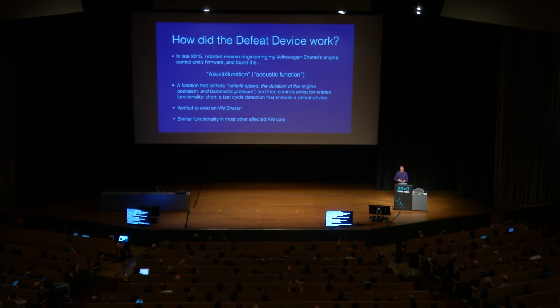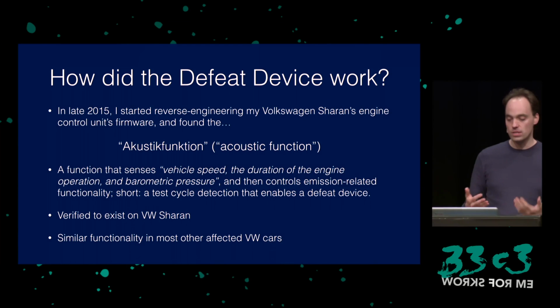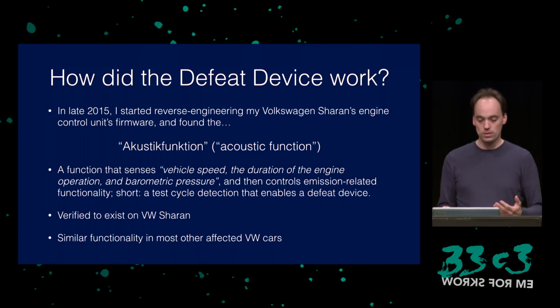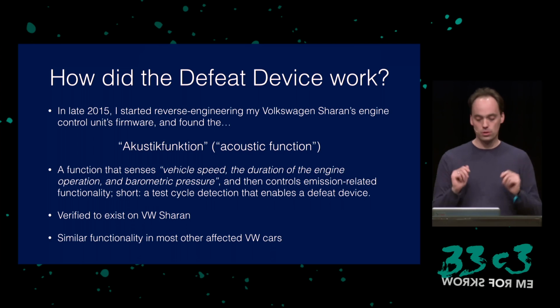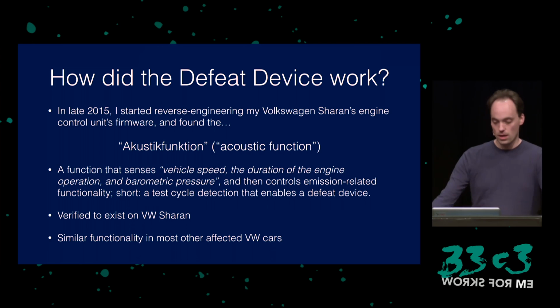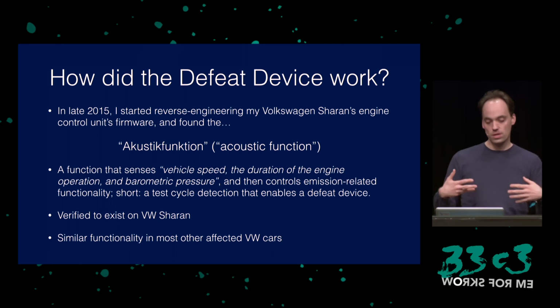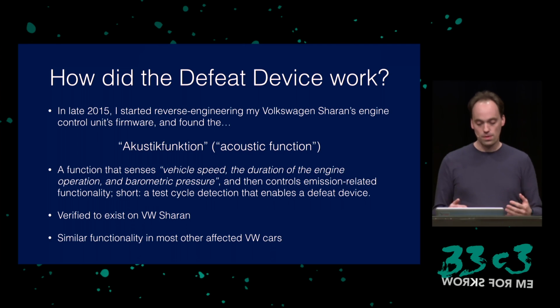So yeah, having the image now in my hands, I could start actually reversing the defeat device. And I don't want to duplicate a lot of what I talked about in the last talk, but I found a function called acoustic function, or Akustikfunktion in German. It's a function that senses vehicle speed, the duration of the engine operation, and some other things, and then controls emission-related functionality.